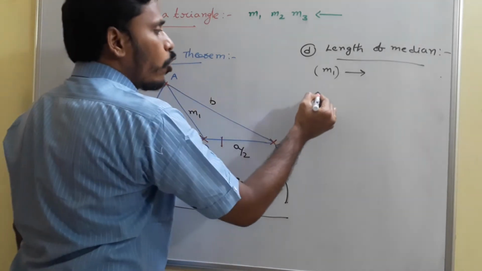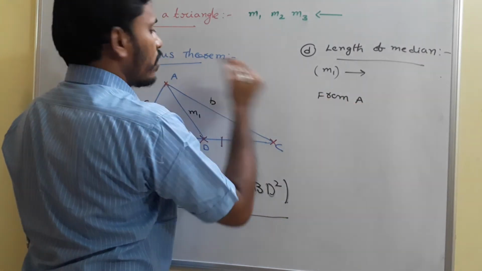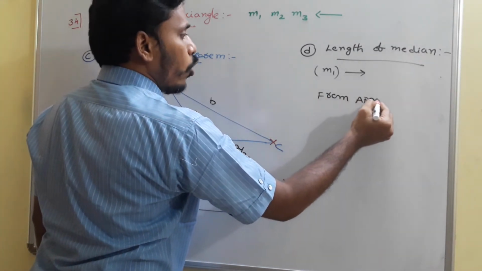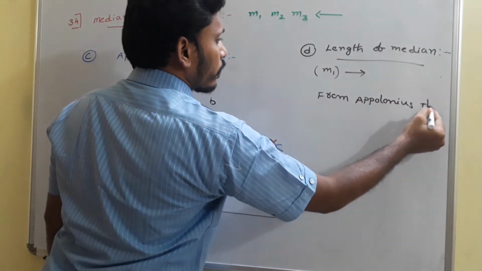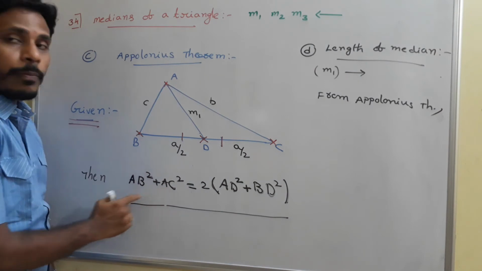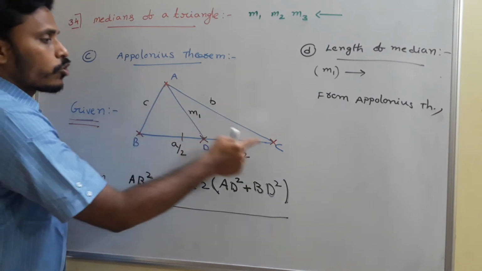From Apollonius theorem, what we have? Yes, this is Apollonius theorem. AB square plus AC square: AB is small c, AC is small b.